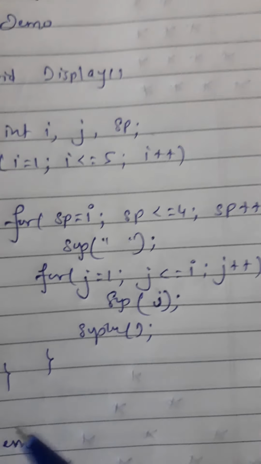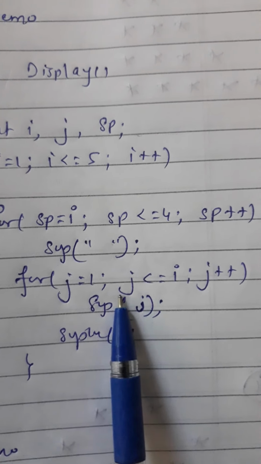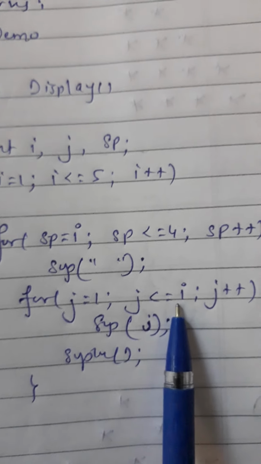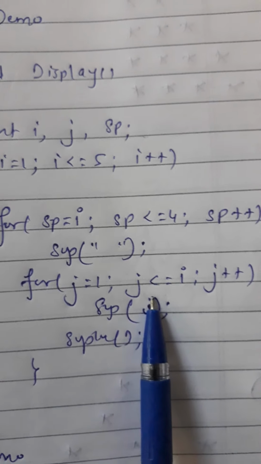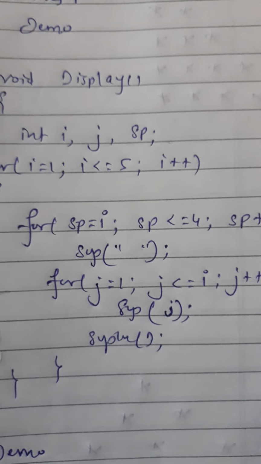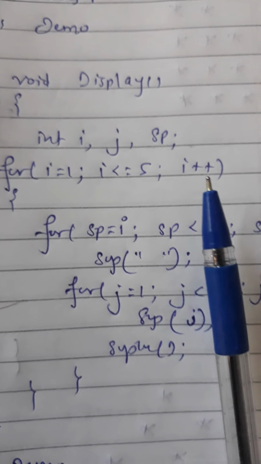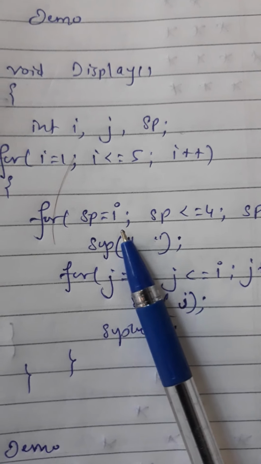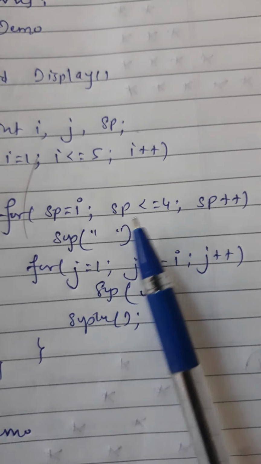After that the third loop will start, and the value of j is starting from 1. So j is less than equal 2, because right now the value of i is 2. So this will print 1 and 2. Then again the line changes, and next in the third row the value of i will be 3. Space starts from 3, 3 and 4, so 2 spaces will be there.